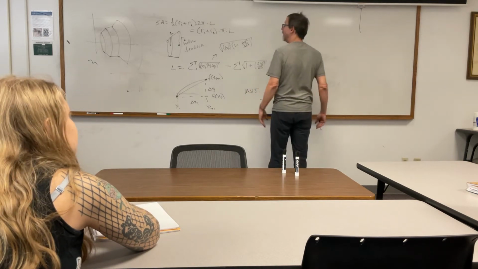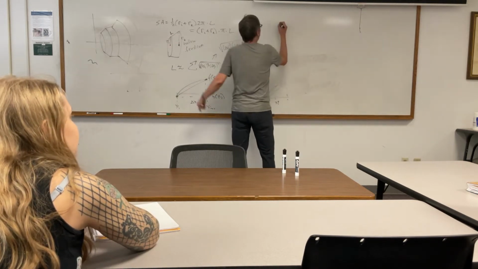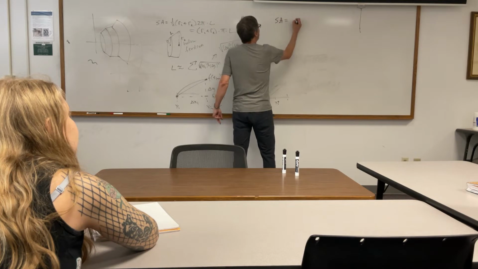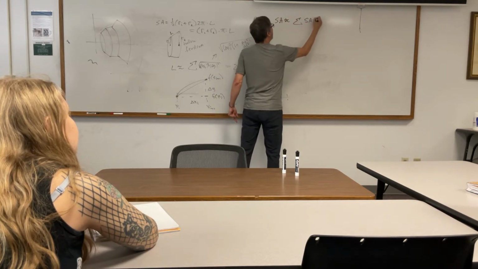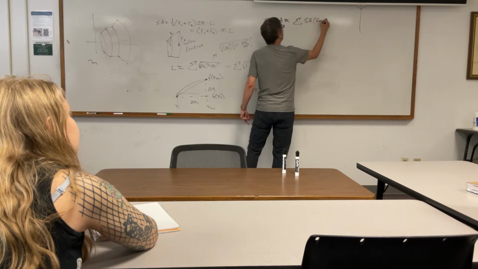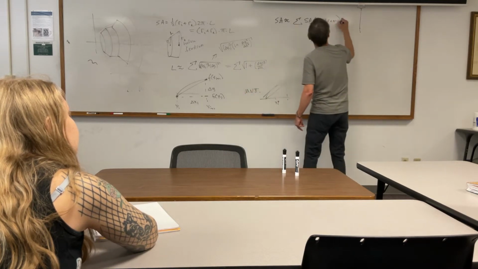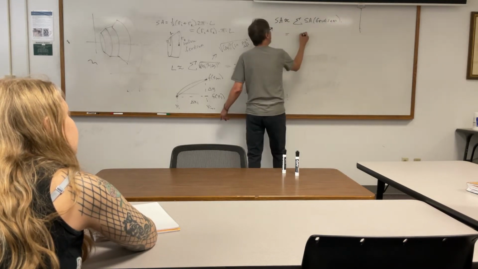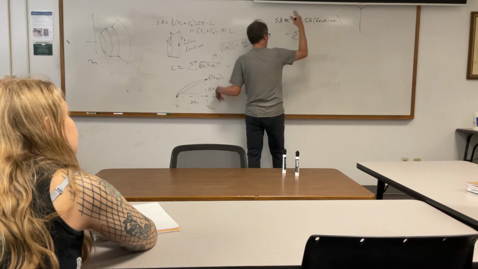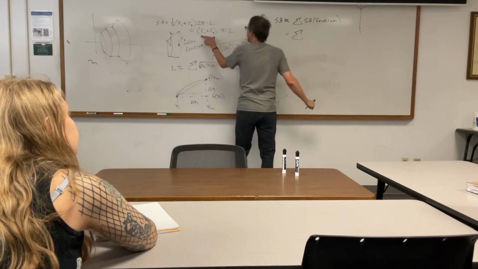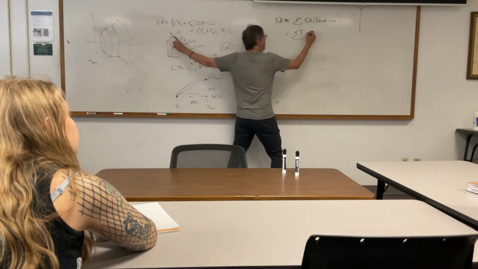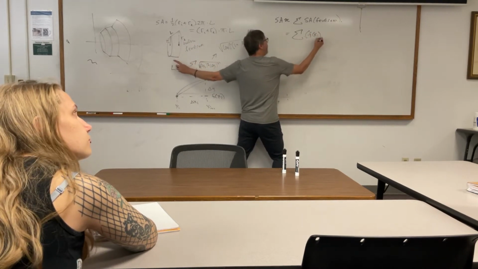Yeah. So I want to add up all those areas. So the surface area is going to be approximately the sum of the surface area of each frustum. And what that's going to look like is the sum, i goes from 1 to n. Using this formula now, the inner radius is going to be f at the left endpoint.